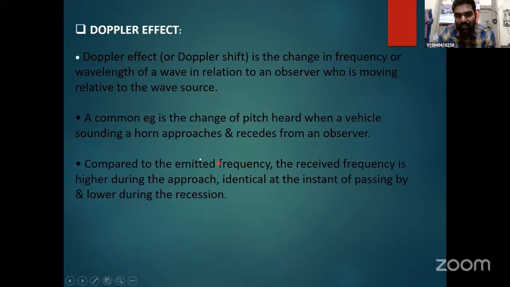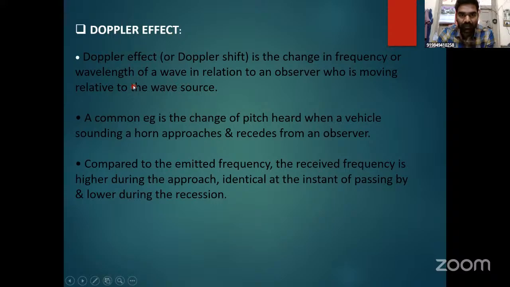It is identical at the instant of passing by and lower during the recession. As I go far away from that horn, I feel a lower frequency. That is what the Doppler effect or Doppler shift is.